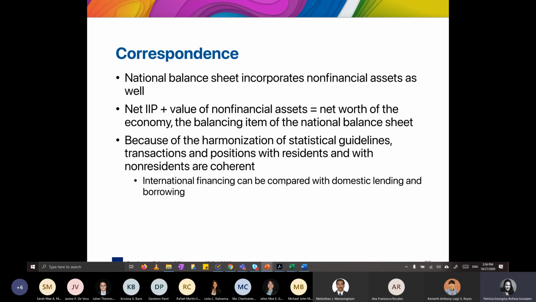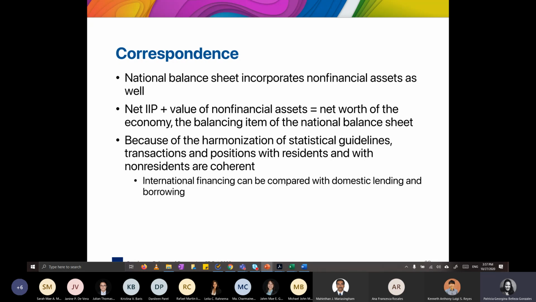Because of the harmonization of statistical guidelines like BPM6 with SNA 2008 and then GFS and so forth, transactions and positions with residents and non-residents are coherent. So you can compare, for example, international financing with domestic lending and borrowing. Based on the BOP account and the domestic national accounts, you can say that, for example, international borrowing is greater than borrowing within the economy, and that may have some macroeconomic implications.